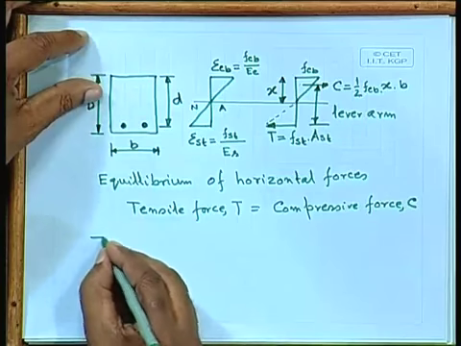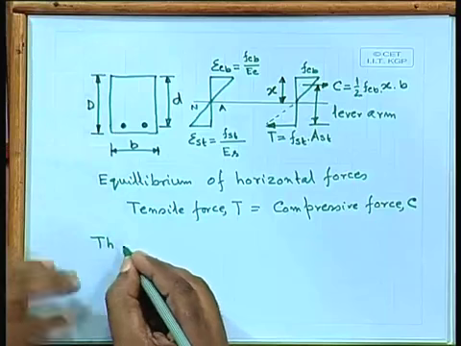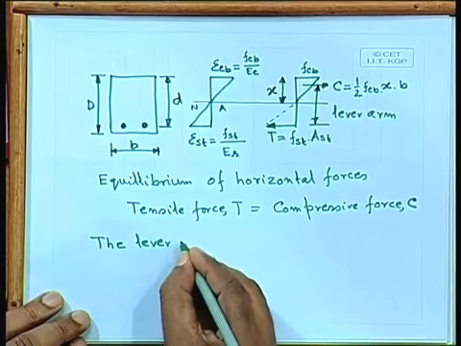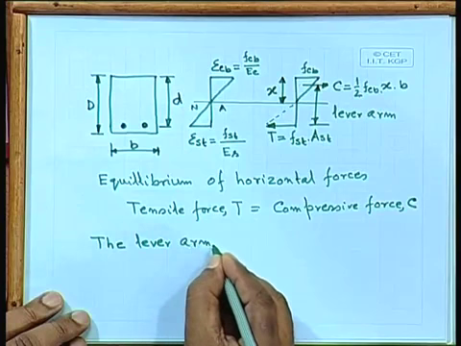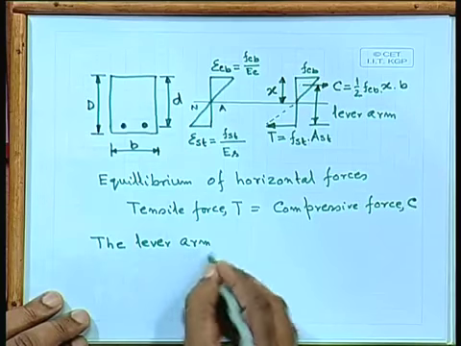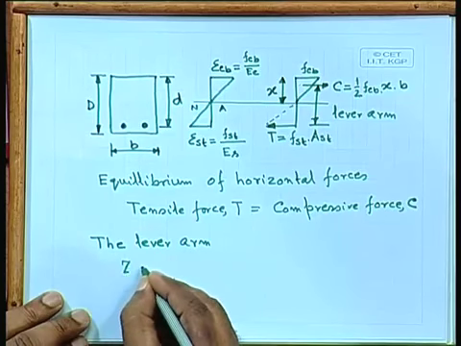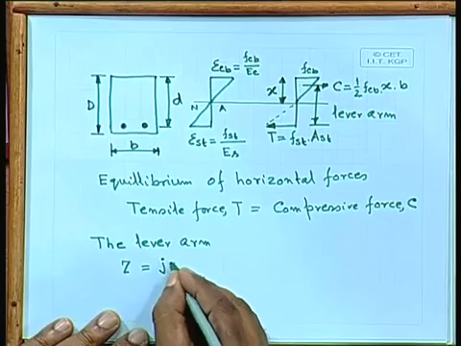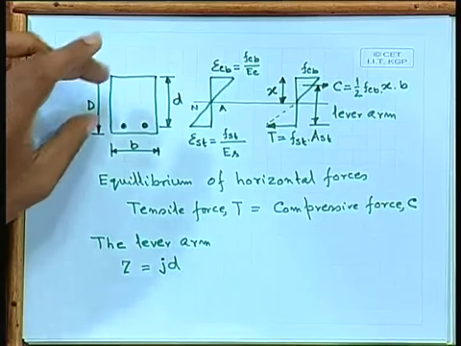The lever arm we can consider as Z, equal to, we can write down, one fraction of, say, D. D is the effective depth.